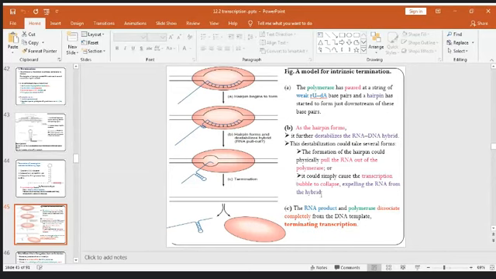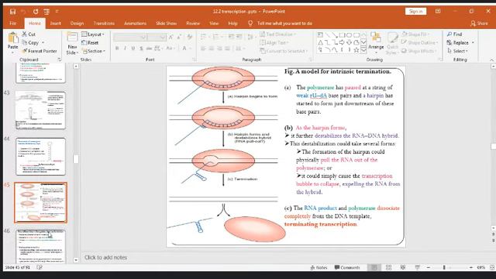The formation of the hairpin structure itself makes the transcription bubble collapse. At this time the RNA is released, and the RNA polymerase is separated. So the RNA product and polymerase dissociate completely from the DNA template, and that means termination of transcription can take place.